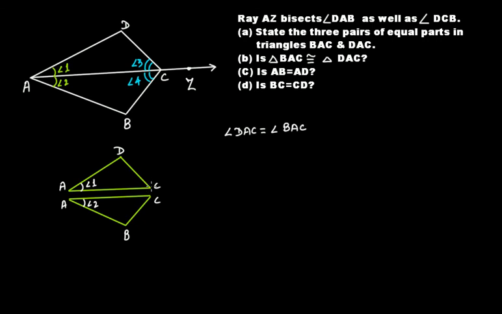Then you have this AC as a common side, right? This AC, if you see here, is actually the common side. It's common to both these two triangles, that is this side, right? Therefore side AC is equal to side AC, that is the common side.